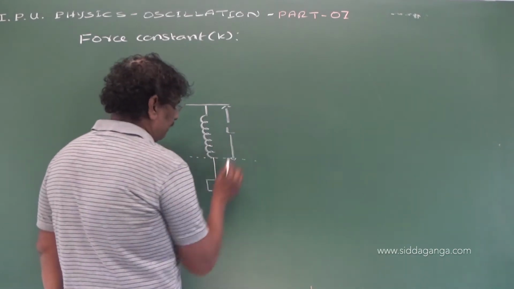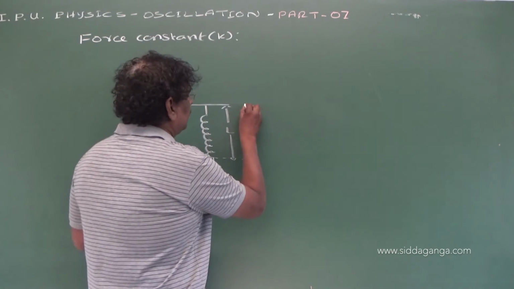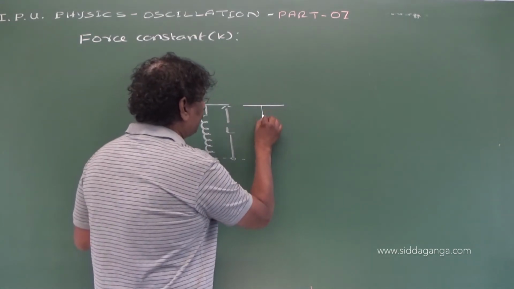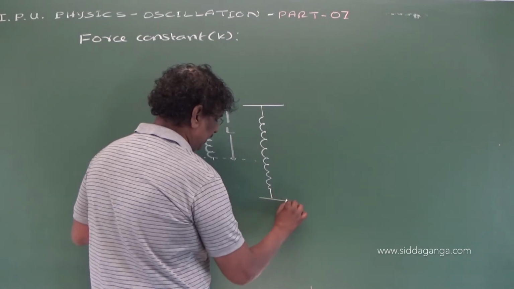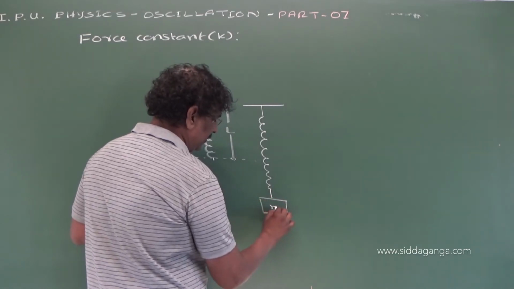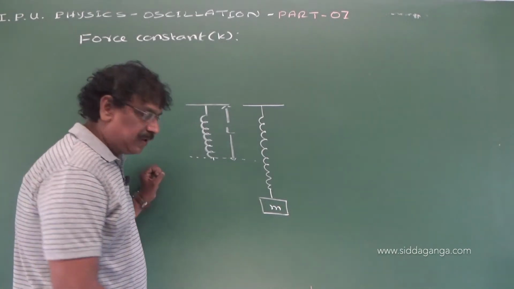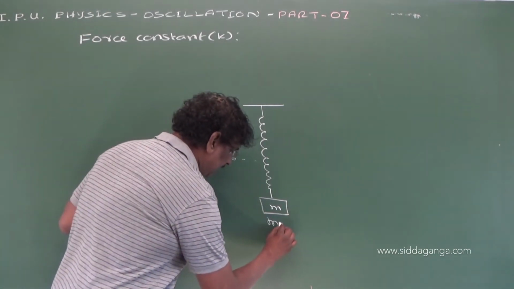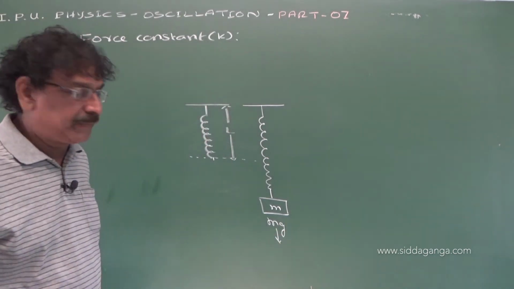When we attach a body of mass M, the spring gets stretched, say like that. Now, what is the force acting on the spring? It is mg in vertically downward direction.